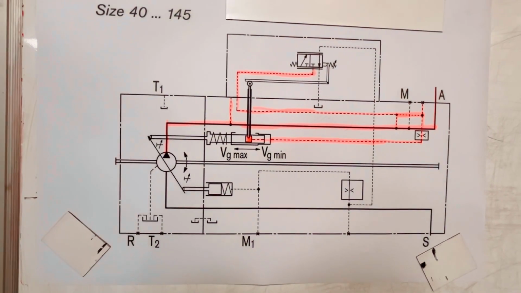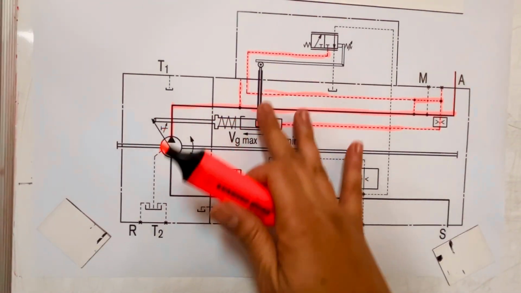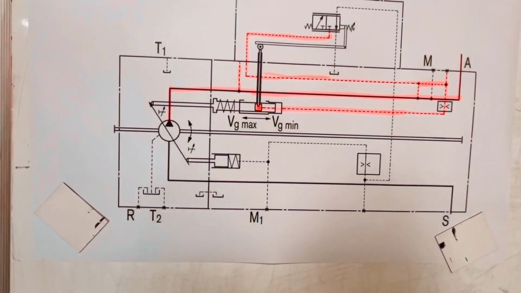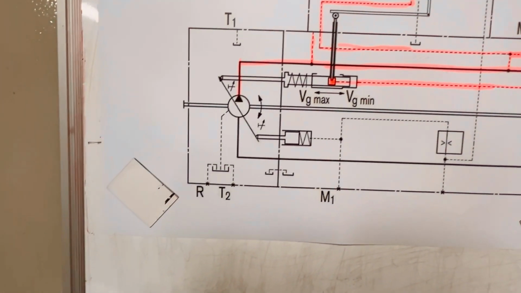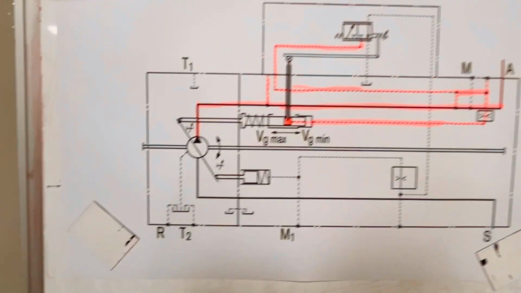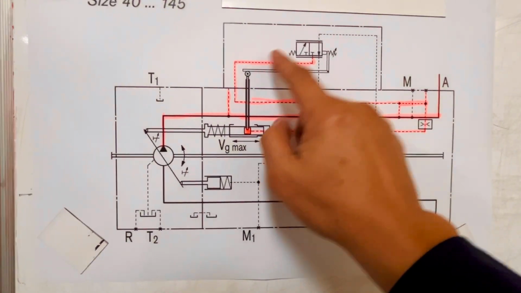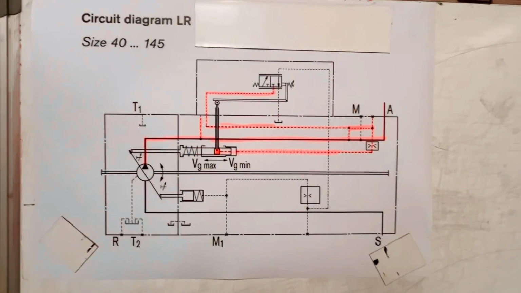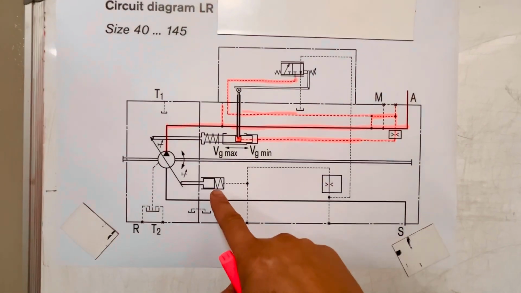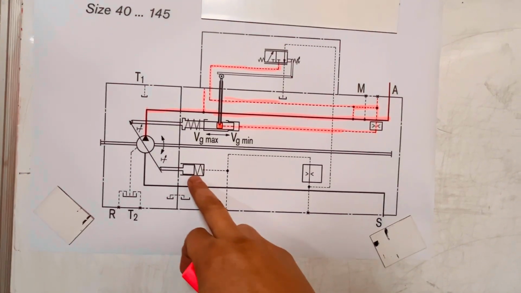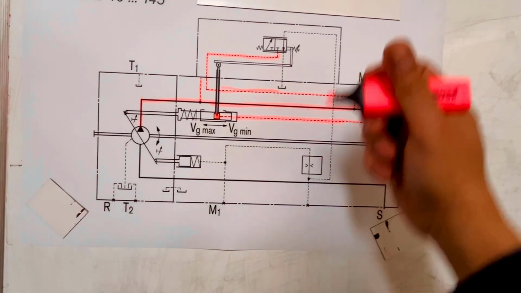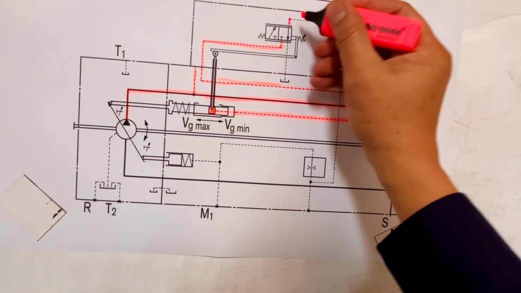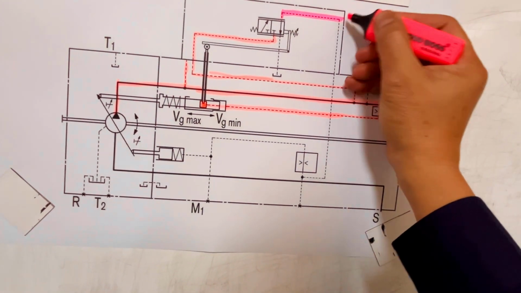That's system pressure. Now we're tracing the stroke piston. I'm going to get a new color. Okay, hang on.